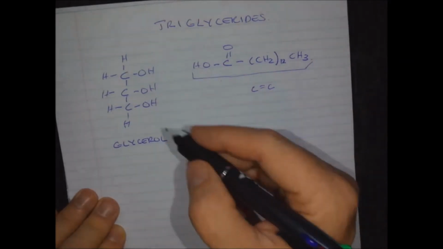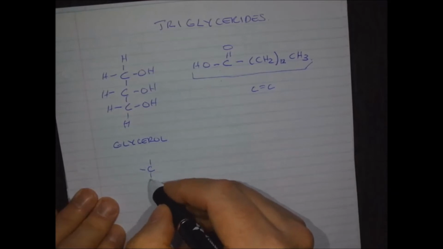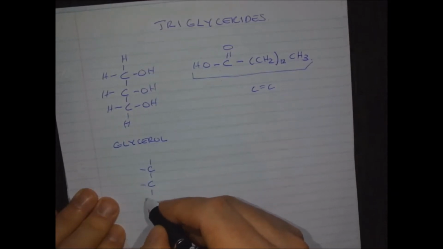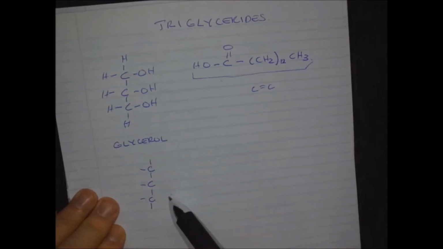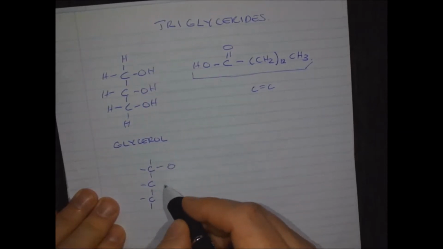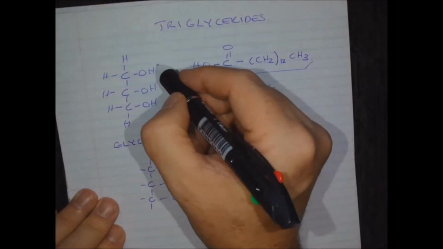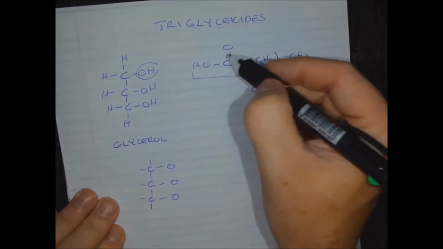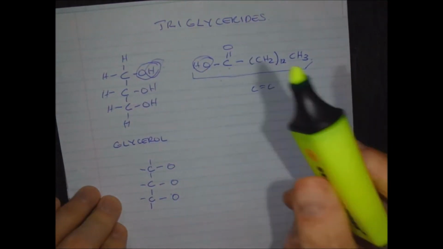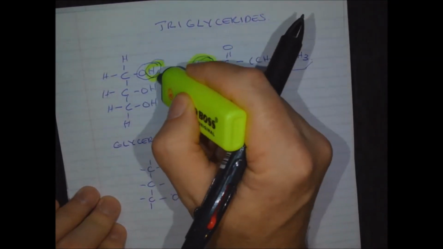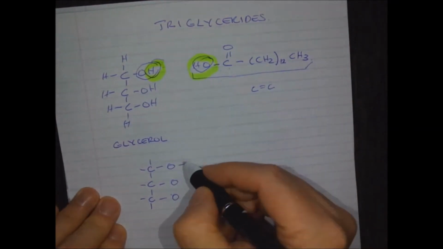But anyway, if we join these together, we're going to have, now this is the alcohol side, so this is really just this molecule up here. I'm copying down again here. We'll have the single bond O, and so basically this OH and this H go to form H2O, and that really just joins on here.